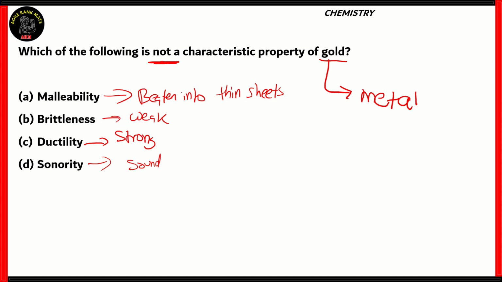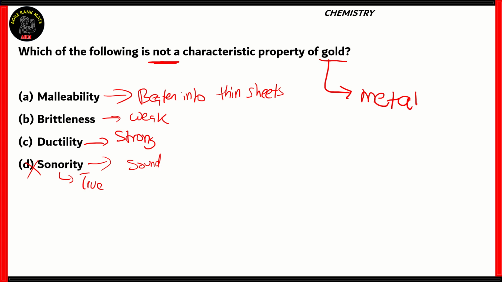Now if we look at option D, sonority, it says it can make a hollow sound. Metals do make a hollow sound, so this is a characteristic property of gold, but the question is asking which of these is not. So option D is incorrect.